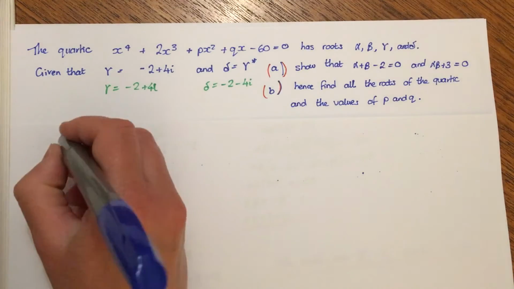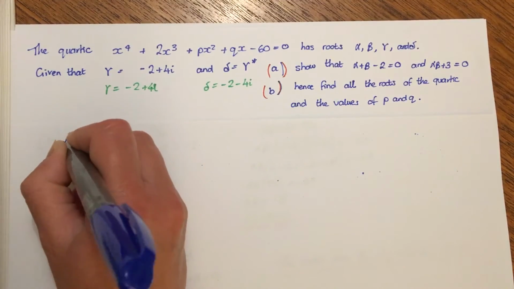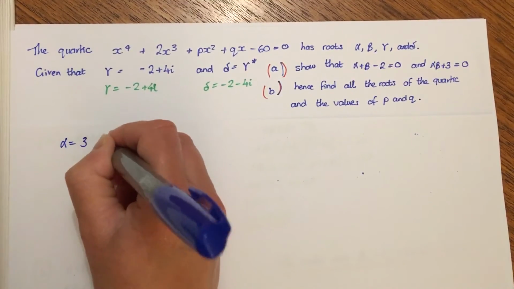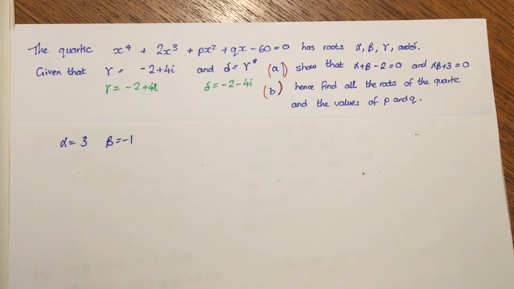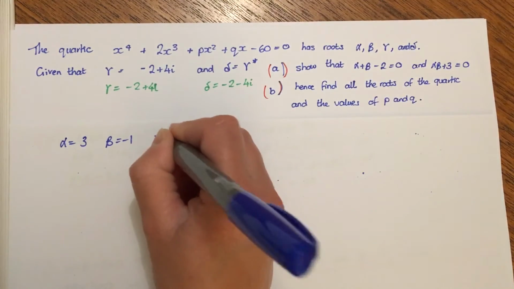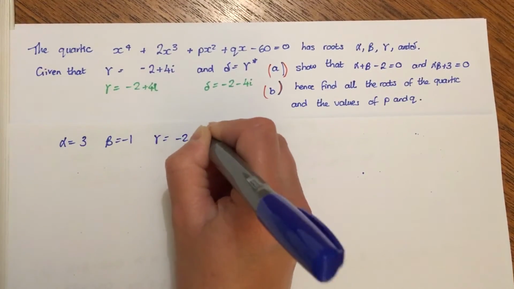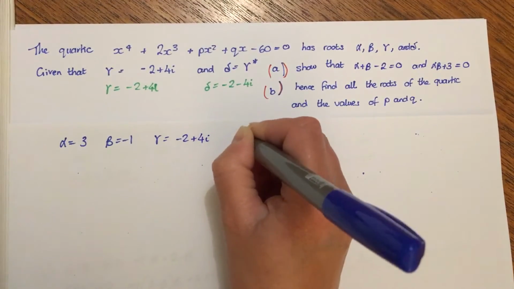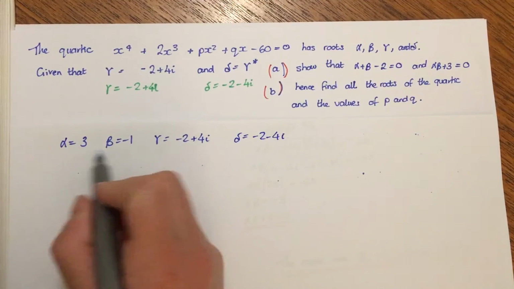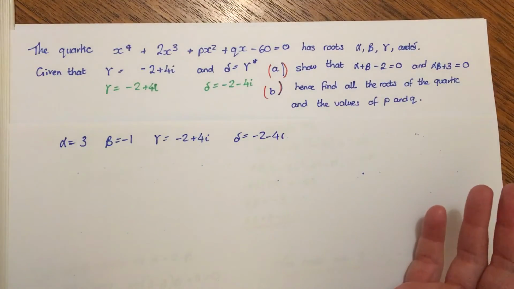So we knew that the roots were, let's say, alpha is 3 and beta is negative 1, although it doesn't really matter which way round we put them. And then we had gamma equals negative 2 plus 4i, and delta equals negative 2 minus 4i. It wouldn't matter if you had those the other way round, we'd get the same answers in the end.